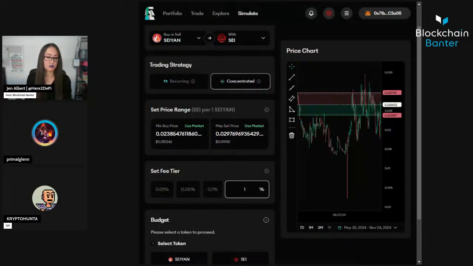So what this means is, let's say in a Sei trading pair, you're willing to provide liquidity in a range where anyone can come and use that liquidity for buying or selling into. As a liquidity provider, what you're telling the market is, as the price of this token is going up, I am willing to sell it.